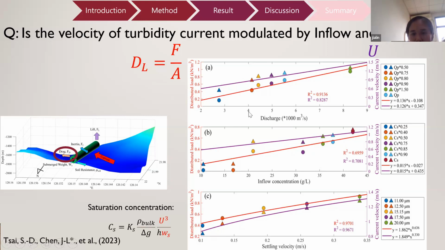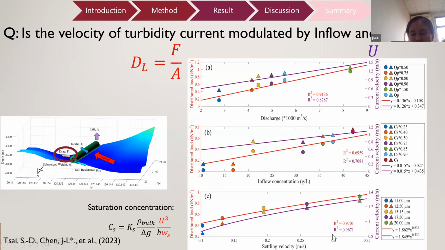But if we check the other two parameters, like increasing the discharge or increasing the settling velocity, the correlation between the current velocity and the discharge, or the distributed load with the discharge, the correlation is very high. It indicates that if there is a high current velocity, the distributed load will increase, so it possibly will cause the destruction of a subsea cable.